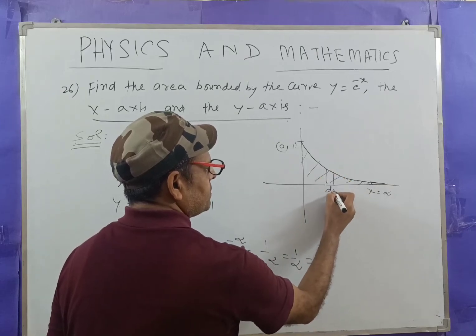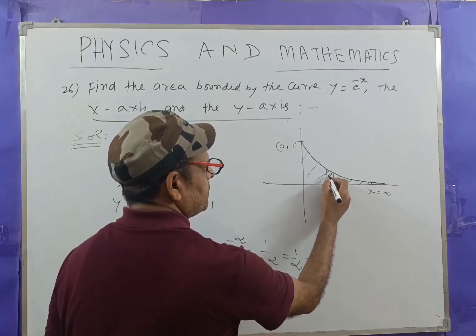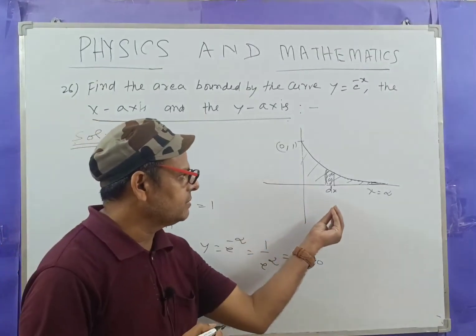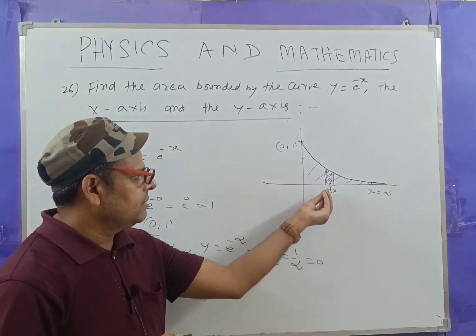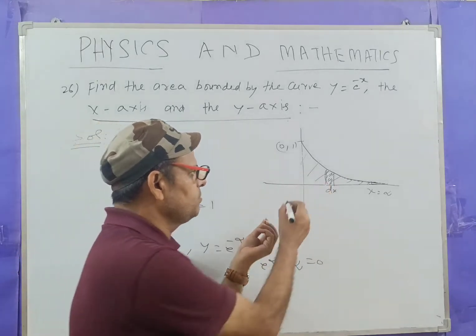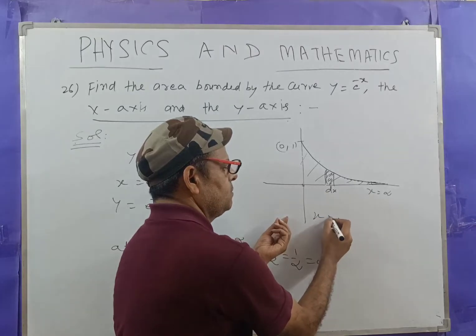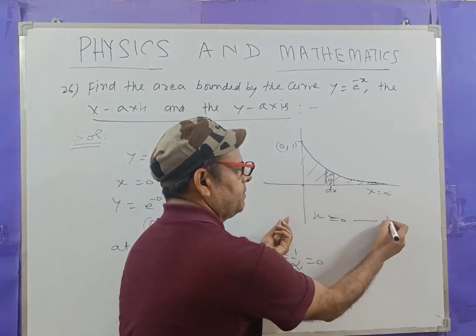Let us take dx as the width of this small strip, and let the strip move from this point to this point, from x is equal to 0 to infinity.